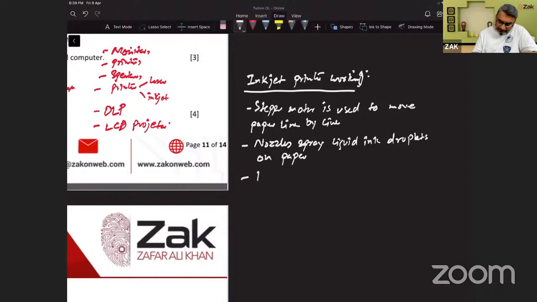Print head moves across the paper in a line.